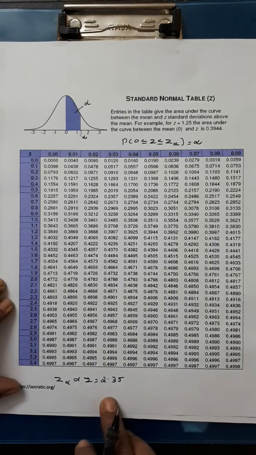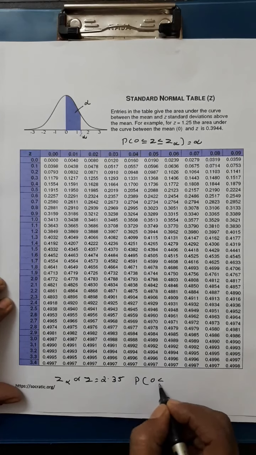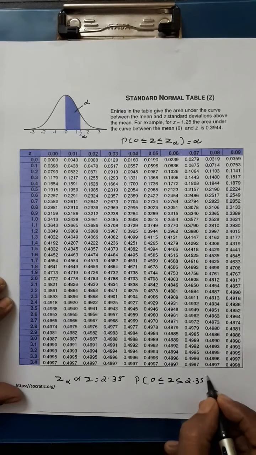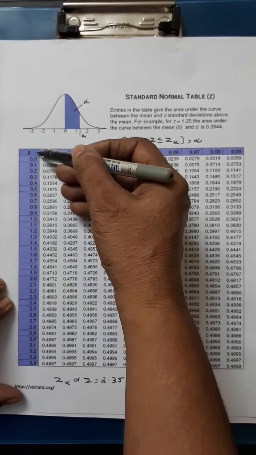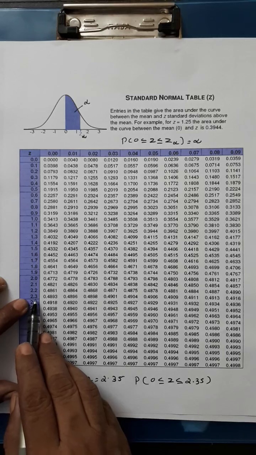If z is equal to 2.35, how can we find the probability of z between 0 and 2.35? In the row heading, search for 2.3.